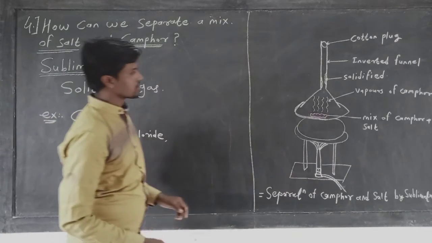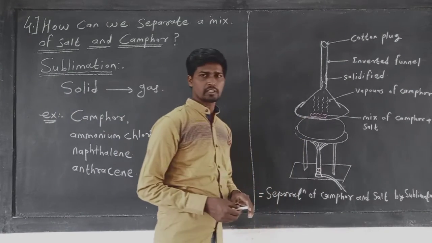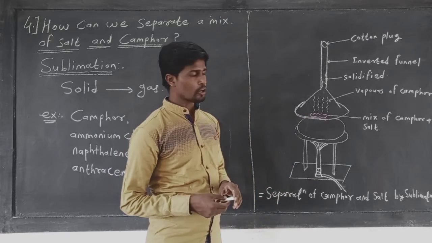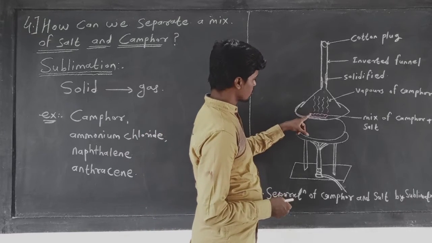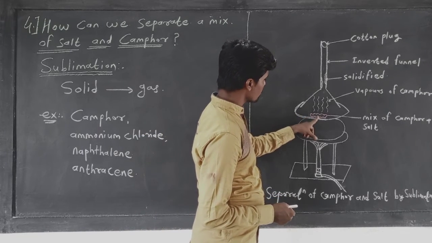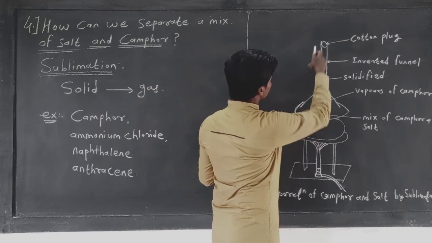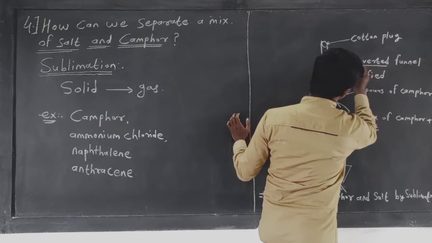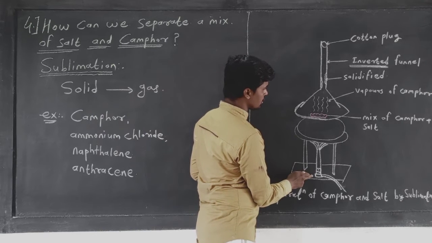Next point, you are given a salt and camphor mixture. Then how is camphor separated from salt? First take the salt plus camphor, place it on a watch glass, then place a funnel on it in an inverted position. Then heat with a burner.